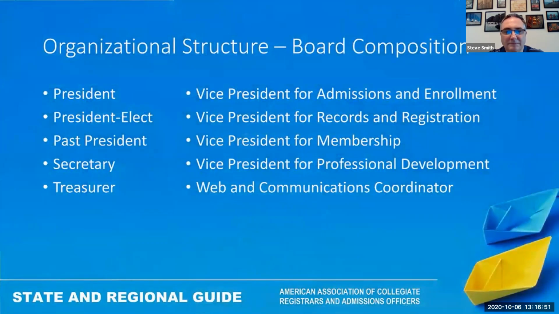Now, based on the 29 state and regional associations, a representative example of what a board might look like is this. This section also talks about the typical length of the terms of board members and some of the duties of the most common board member positions, as well as some best practices regarding meetings.